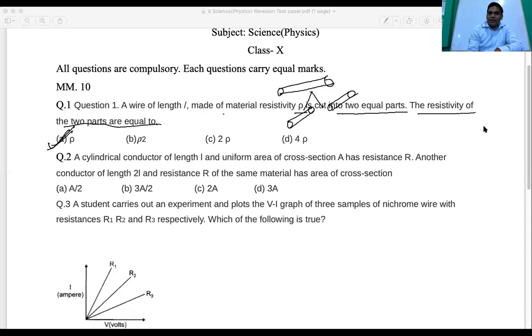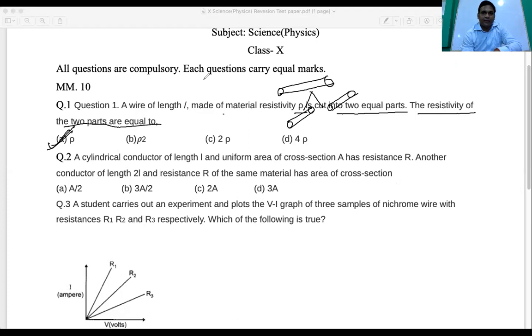Now coming to another question. This is the second question: a cylindrical conductor of length L and uniform area of cross section A has a resistance R. Another conductor of length 2L and resistance R of the same material has a cross section area. This type of question was solved by me in the previous class, but let's see once again.